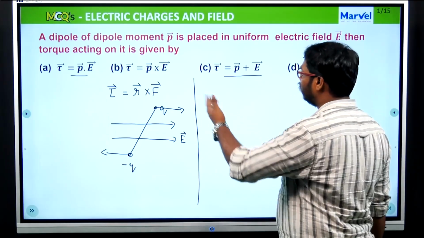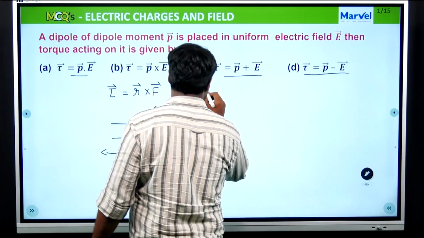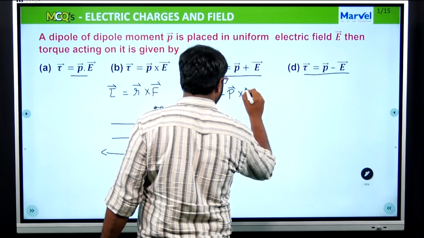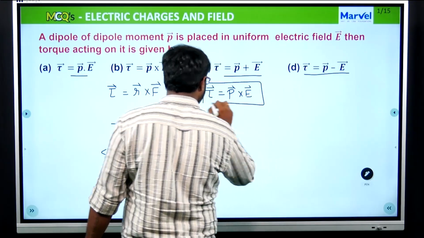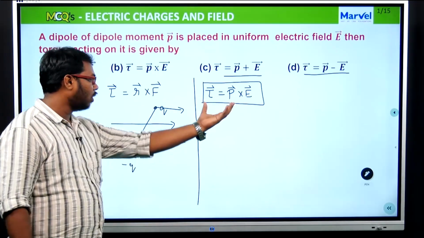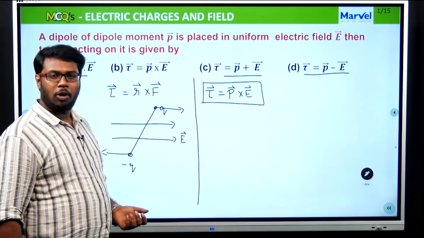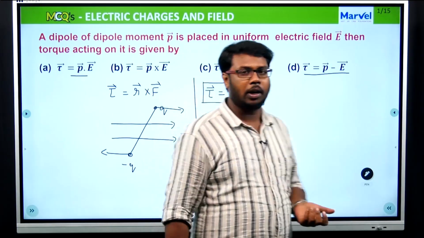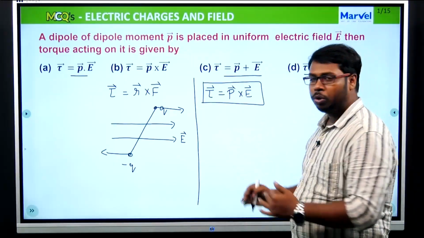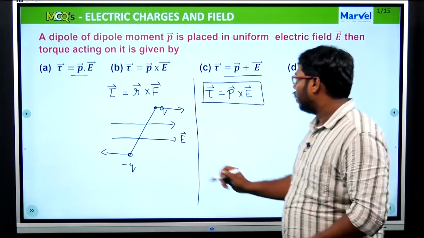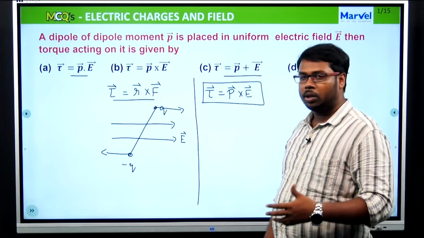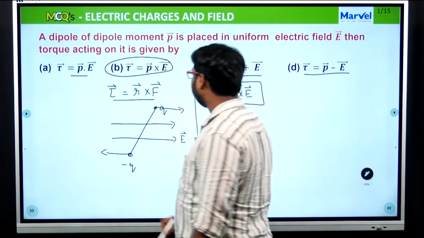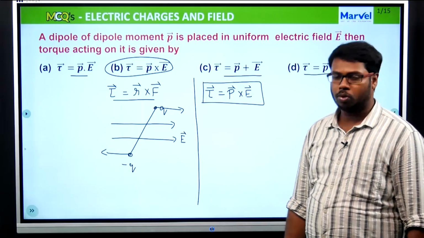From this I can reduce that my torque tau bar is equal to P bar cross E bar. There is also a systematic way of deriving this, but I am not going into the derivation because it is present in almost all the textbooks. I am just showing you how you simply arrive at the answer. This directly shows that option B is our answer. So this is how this problem goes.